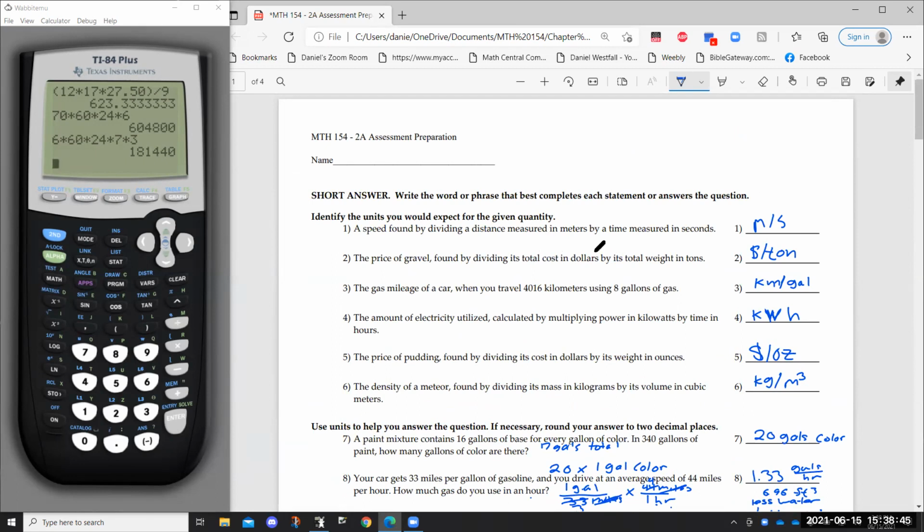So go ahead and get those printed out. I'm going to look before we start that one and see if there are any tables for you to print out in your book that have those conversion factors for you. And if so, I will reference that at the beginning of the assessment preparation for 2B.